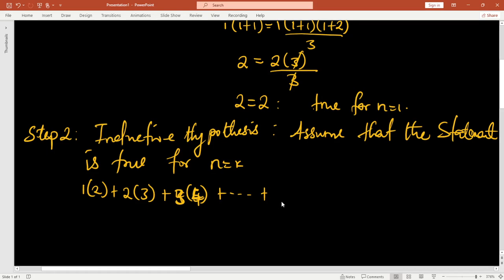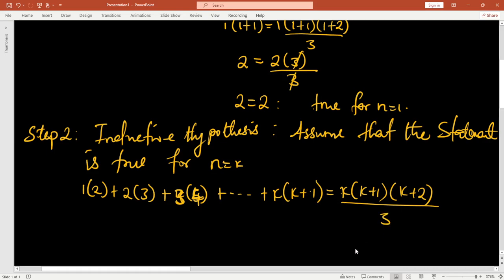So we're going to say k, where there's n we substitute k, k open brackets k plus 1, k plus 2, divided by 3. It's the only thing that we get to do under the inductive hypothesis, where we just make a substitution. Where there's n, we substitute with k.